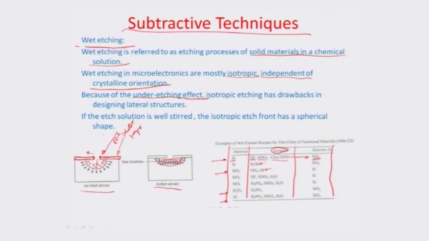So, that is what selectivity of the etch process means, and how selective the etchant is in terms of stopping the etching action is what selective to would mean. So, the materials in the extreme right column indicate the selective layers for the particular material and etchant combination that we are looking at here. So, that is all about wet etching.